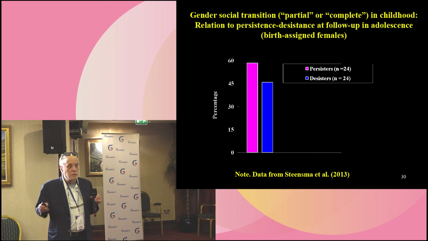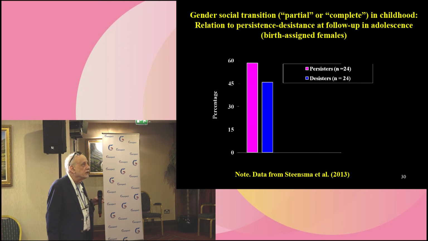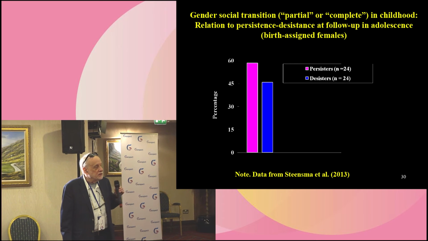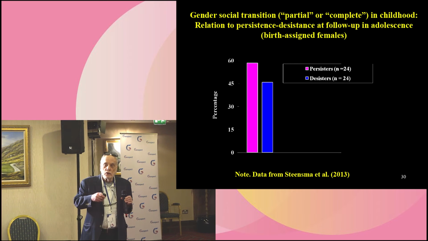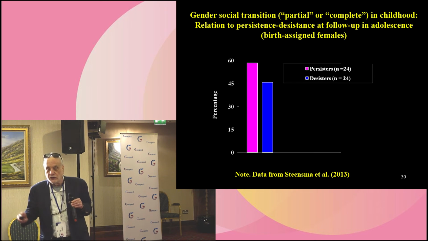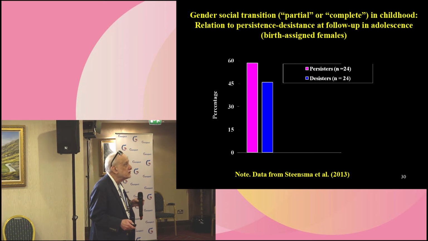Similar pattern for the birth-assigned females, although this difference isn't significant. But the hint from the Steensma study is that social transition in childhood may be a predictor of persistence.